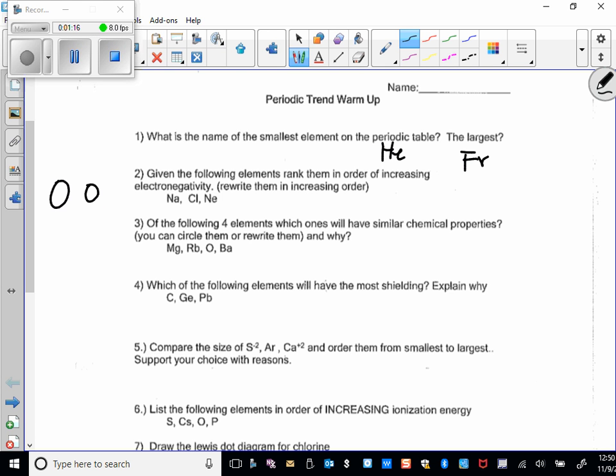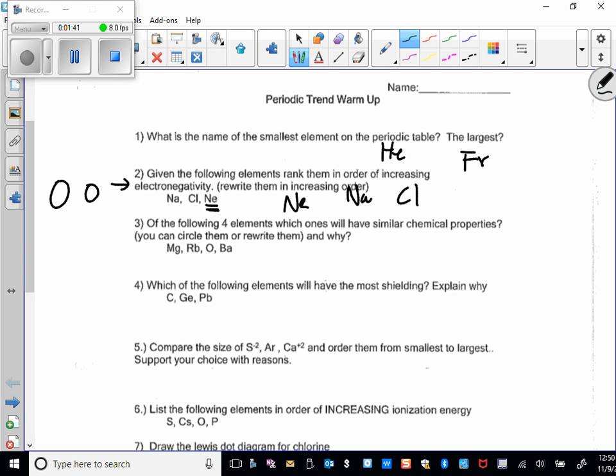Why are they stable? They have 8 valence electrons. So if they talk about electronegativity and give you a noble gas, you should say that has the least electronegativity, followed by sodium, followed by chlorine, because sodium is bigger than chlorine.